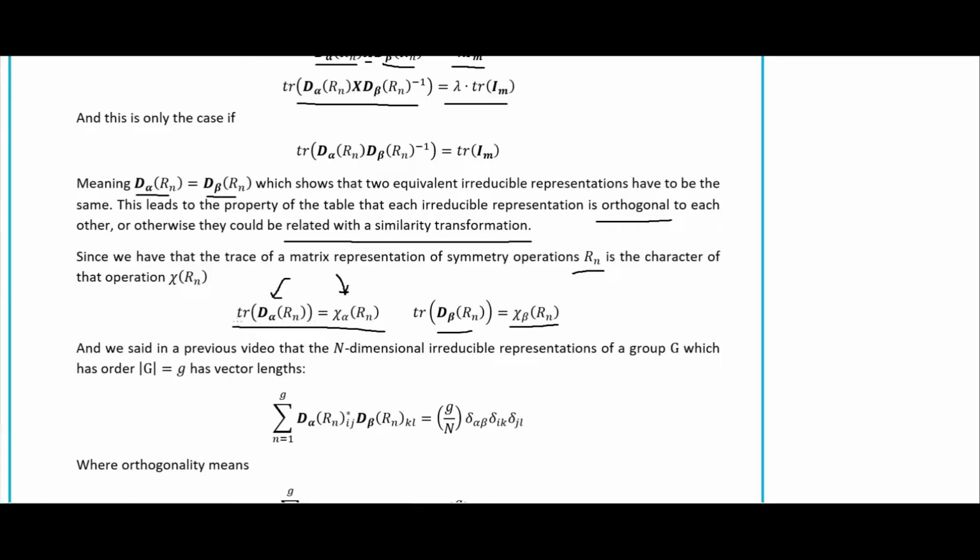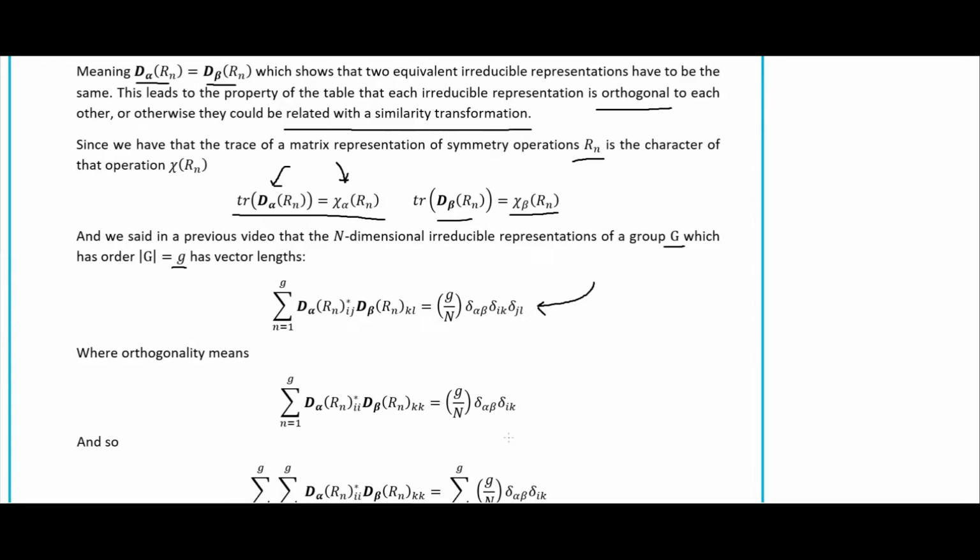And we said in a previous video that an n-dimensional irreducible representation of a group G, which has order, we're going to use this lowercase g, has vector lengths like this. I talked about this briefly in a previous video.